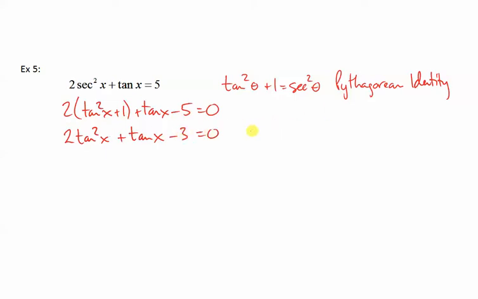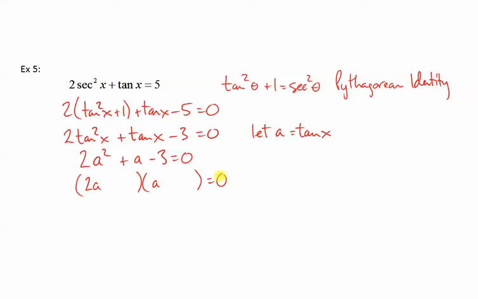If this is difficult for you to view and see what to do, try something like this. Let a equal tan x. I now have 2a squared plus a minus 3 equals 0, a trinomial quadratic that you've practiced and factored many times in the past. And I'm going to write this with a 2a and an a, and a plus 3 and a minus 1. You can expand that and make sure that it factors, or expands out rather.